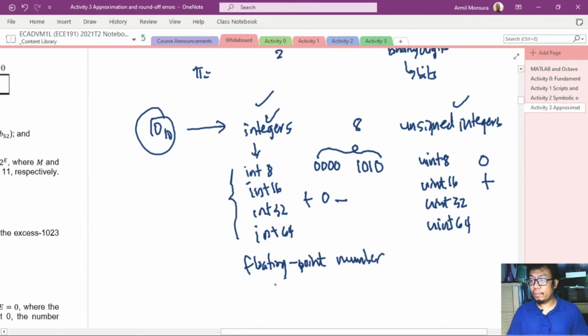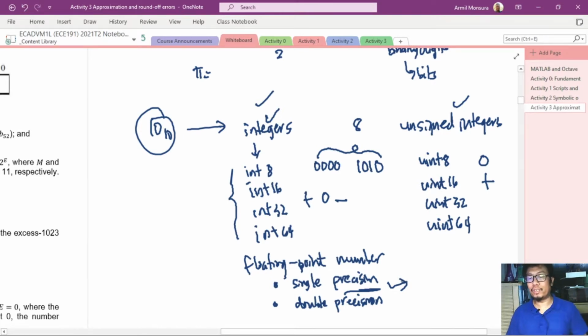And those numbers are represented using floating point representation. And floating point representation has two systems under it. We have a single precision and double precision. Precision here actually pertains to parang measure siya of how close each number can be represented.